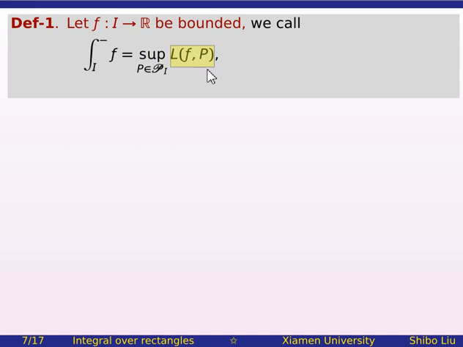This is a bounded subset of real numbers, so it has a supremum. This supremum is denoted by this integral with a minus sign here. This is called the lower integral of f. So every bounded function has a lower integral, which is computed in this way.